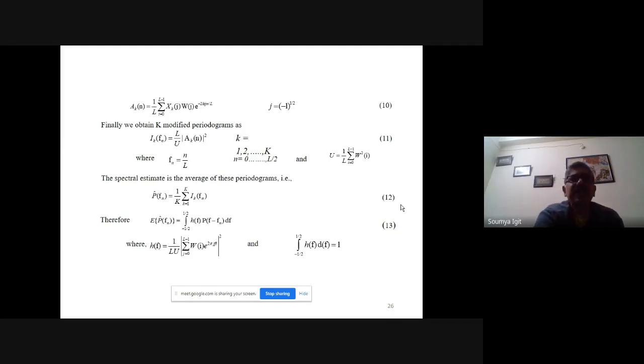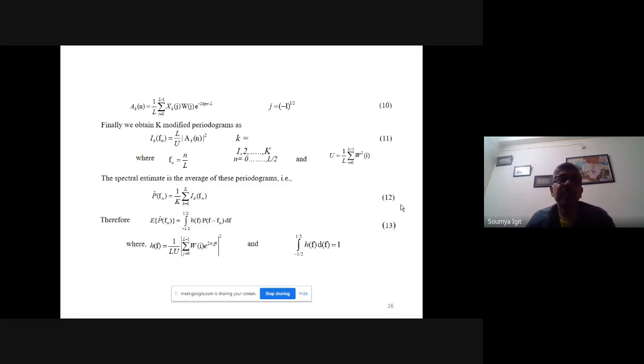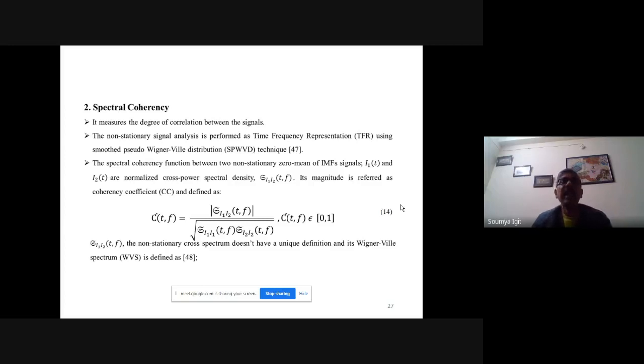These are all mathematics, and I don't want to go into details, but the issue is that you have developed the spectral density and the stochastic sequence. Corresponding to the particular frame in these periodograms, you evaluated the average of the spectral density, and you got the spectral coherency.